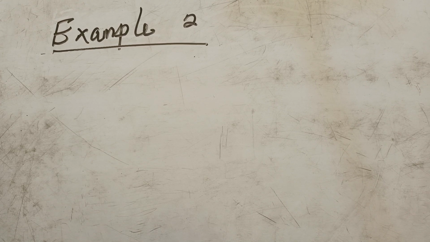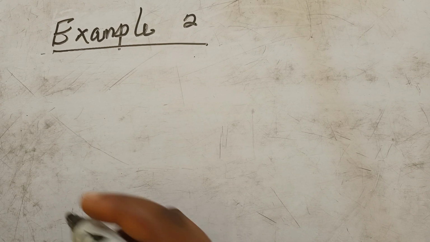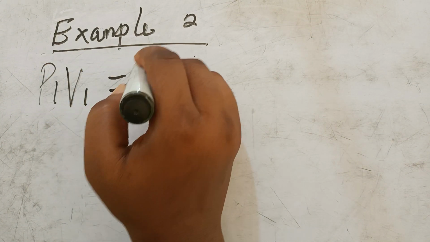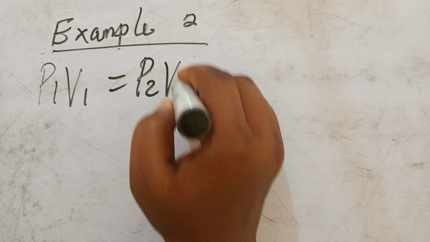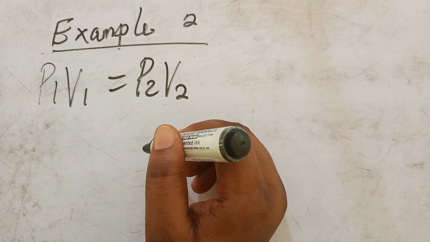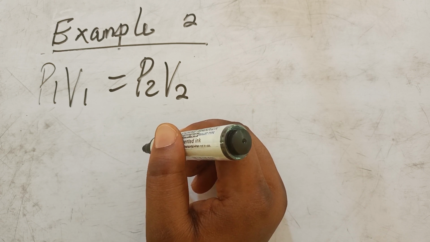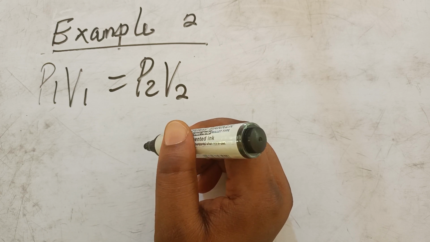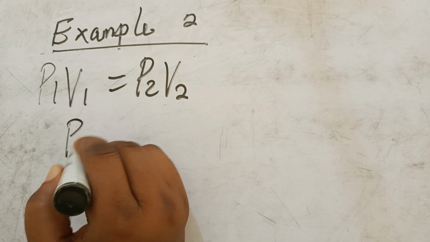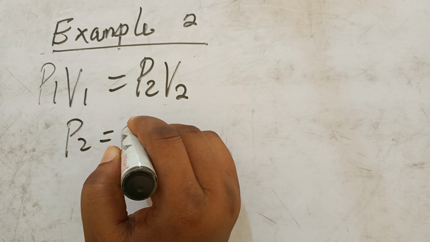From Boyle's law, P1 V1 is equal to P2 V2. The question says the pressure is doubled, so what it's telling you is that your P2 is double of P1.